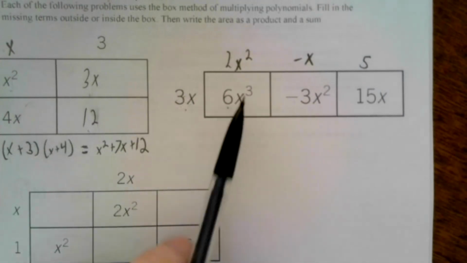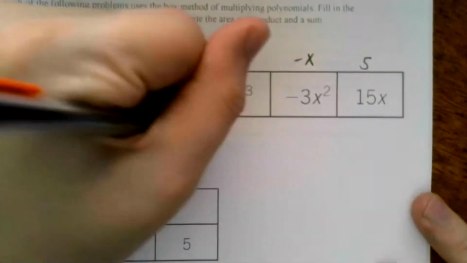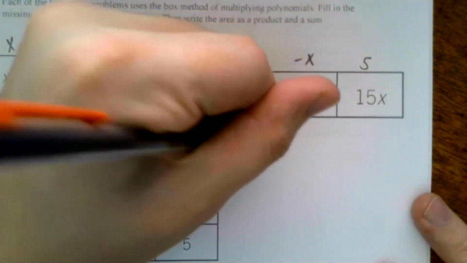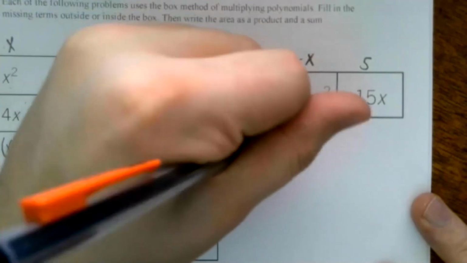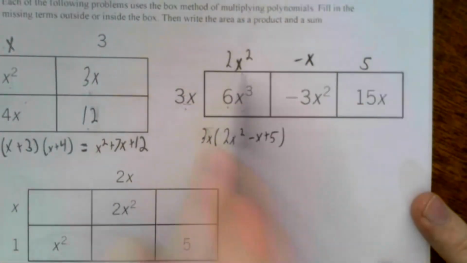Okay. So let's write this as a product and then write it as a sum. Our product is 3x multiplied by 2x squared minus x plus 5. That's that multiplied by everything up top.